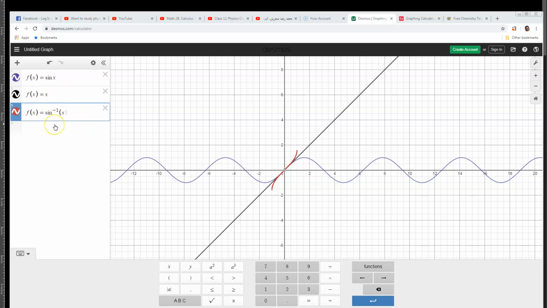This calculator is working based on our conventions in mathematics.